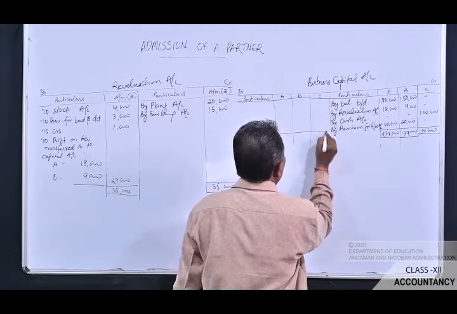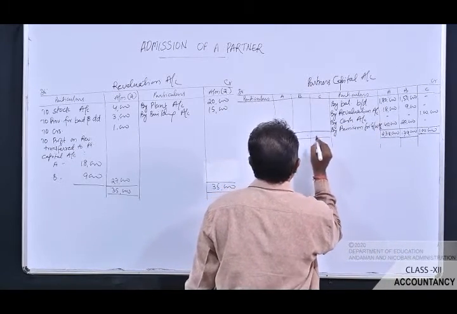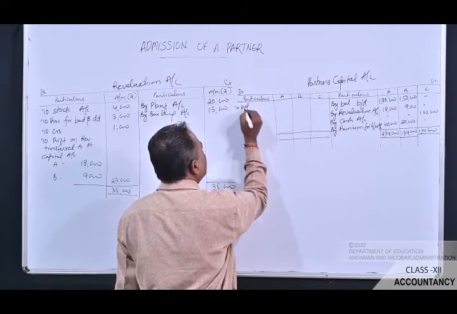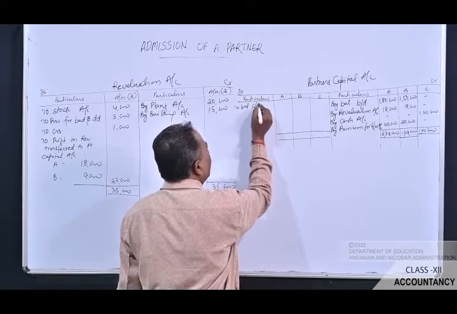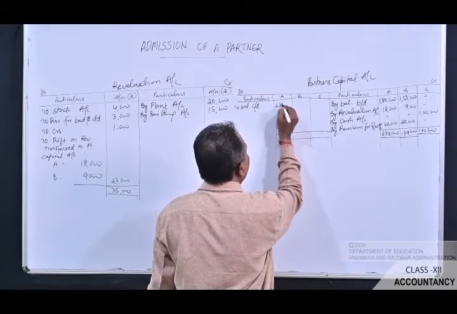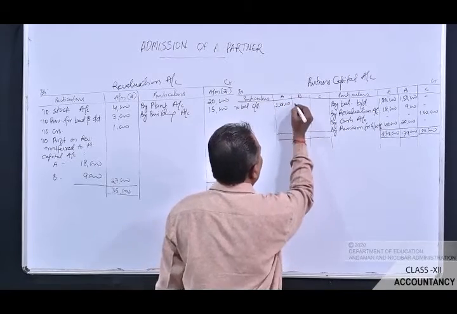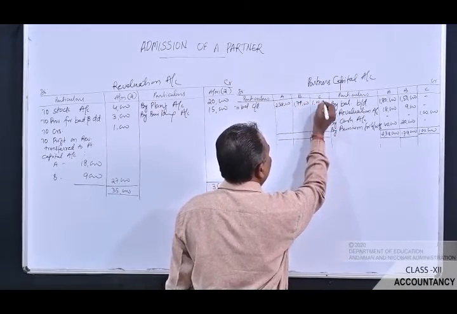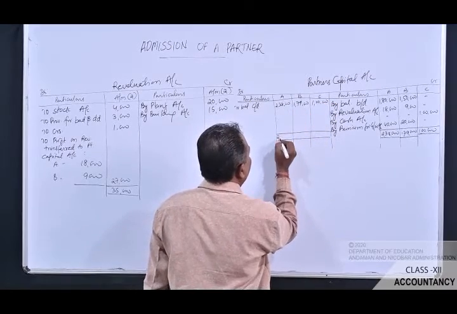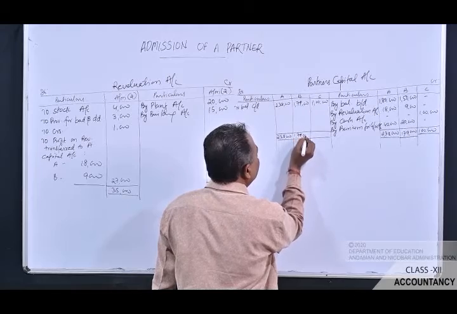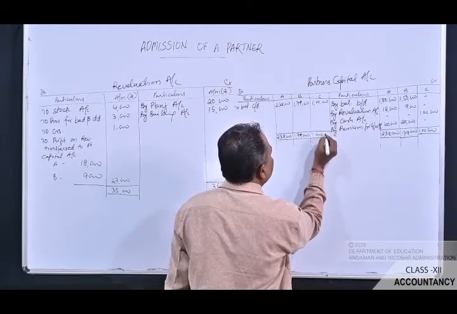The same thing will be recorded on the debit side. So here you have to write as by closing balance, that is balance carried down. It is rupees 2,38,000 for A, 1,79,000 for B, and for C it is rupees 1 lakh. So here it will be 2,38,000, 1,79,000, and here it will be rupees 1 lakh.